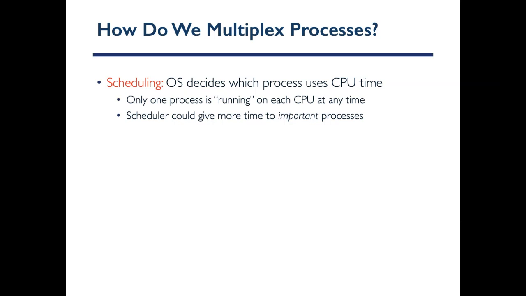In a multiprocessor setting, you can run multiple processes at the same time because you have multiple processors. What I was talking about so far was just one processor. So what happens if you have only one CPU? Then you still can create the illusion that all of those processes are running at the same time, but under the hood, you're really time multiplexing.